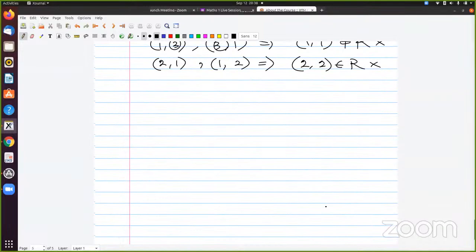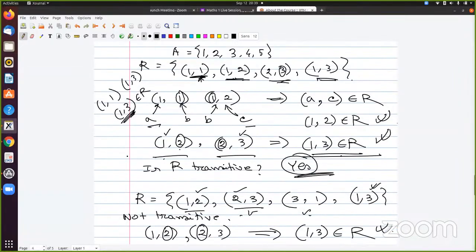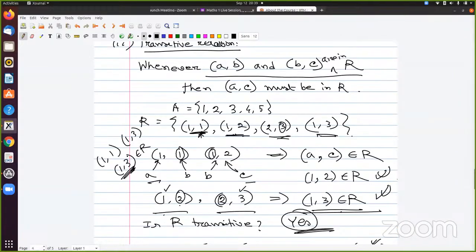Is it okay to write only a few elements from R, or do we have to write all five numbers? R will be given, right? Whatever R is coming, you have to check with only those pairs. A is {1,2,3,4,5}, but R is just a subset of that.